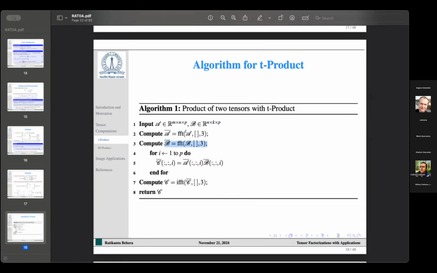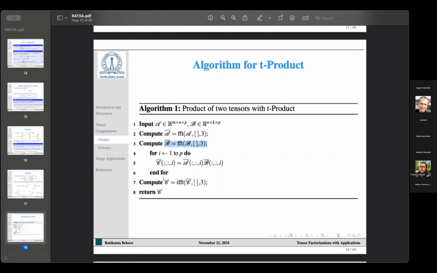Because once you do this in the third direction, it will give the block circulant matrix, and then the multiplication is basically the product of two block circulant matrices. After that, we can take the inverse Fourier transform. That means think about the left hand side, where two tensors are there.